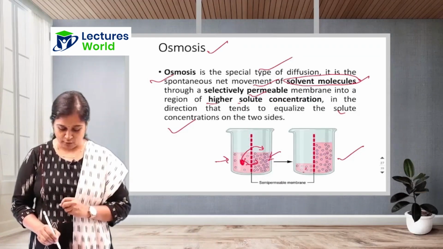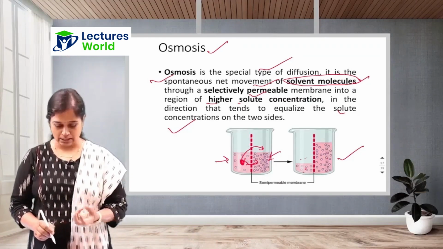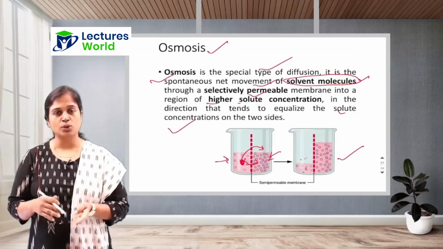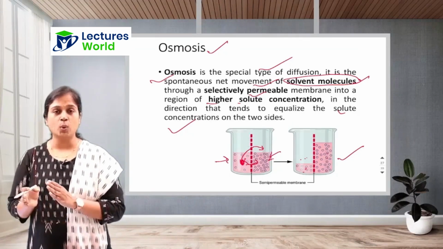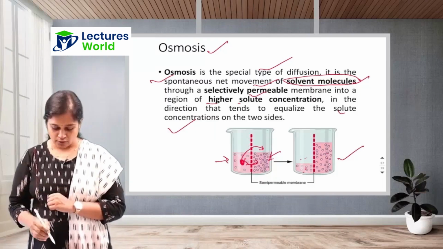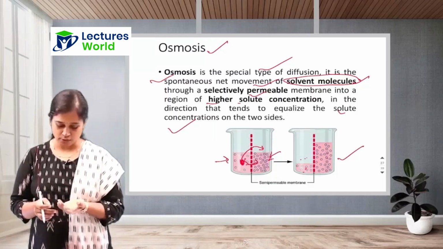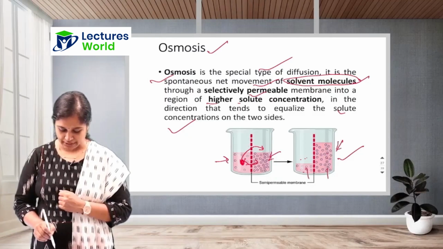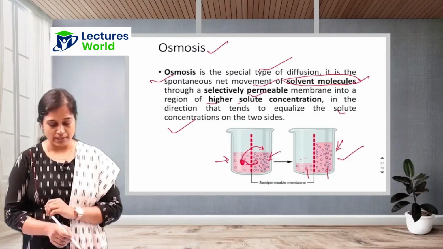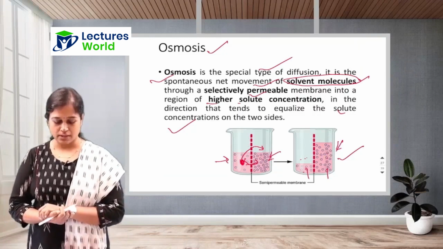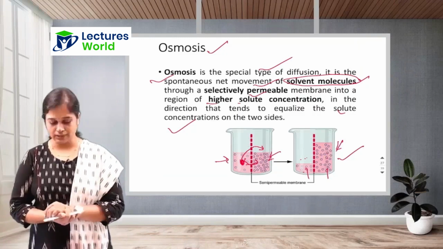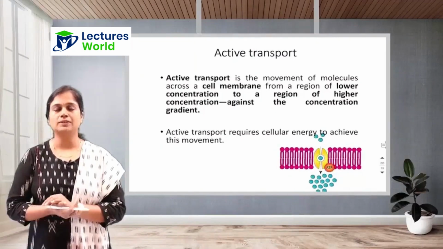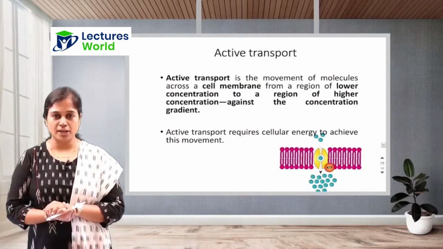Because the fluid portion, the solvent, shifted through the semi-permeable membrane to where there is a lower concentration of the solvent and a higher concentration of the solutes, and it equalizes the concentration of the solutes. This is called osmosis, and it is a special type of diffusion. So this is all about passive transport.